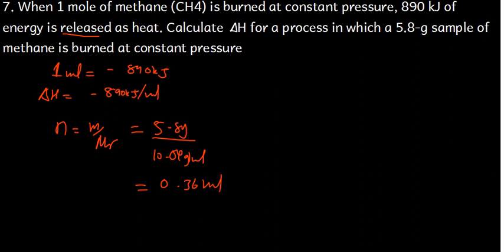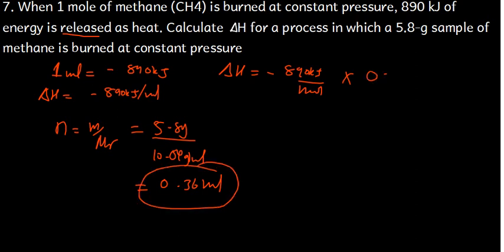Okay, so let's consider this enthalpy, delta H. We know that it is negative 890 kilojoules per mole. Since we have a per mole, we are going to multiply with the 0.36 moles. Notice that the mole and the mole are going to cancel.